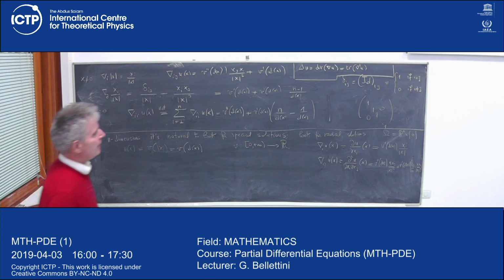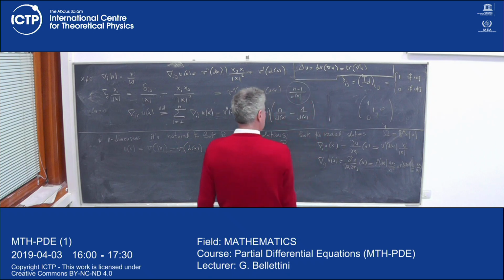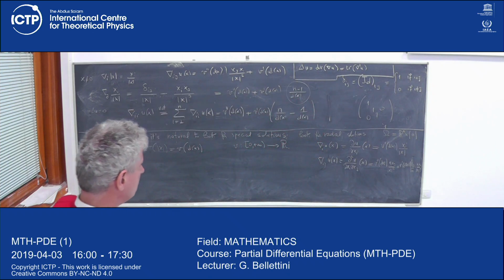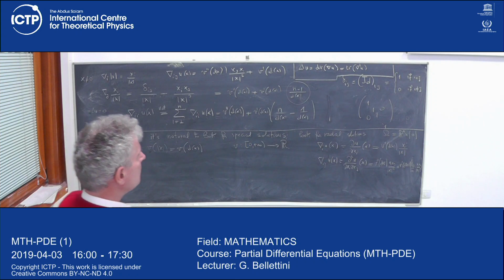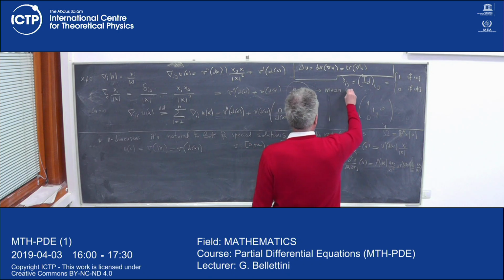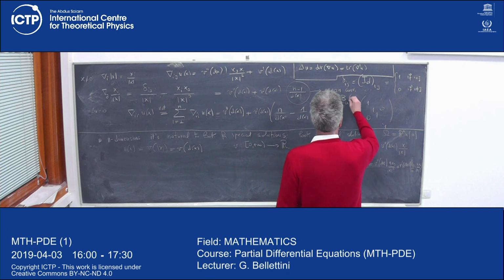This has, by the way, a geometric meaning, maybe. This is the mean curvature of the sphere of radius |x|.